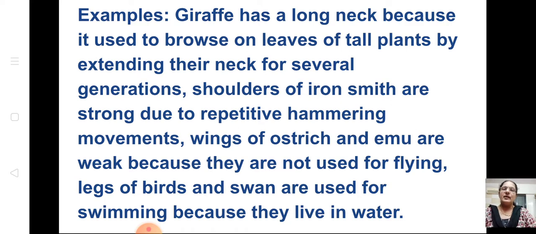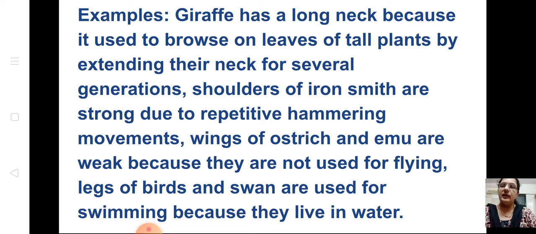He is telling why giraffes of this generation have got a long neck: to get the leaves from the tree, they used to browse on the leaves of tall plants by extending their neck. They extended it for several generations, and that's why even now they have a long neck.